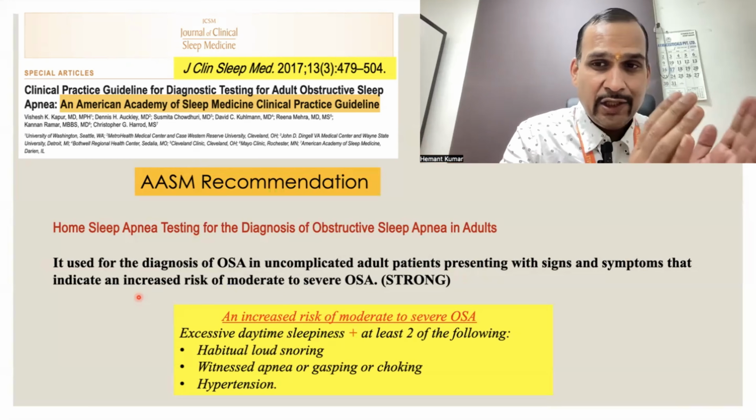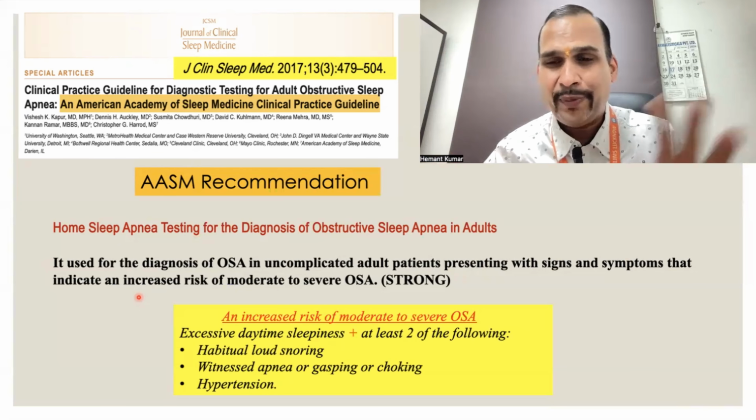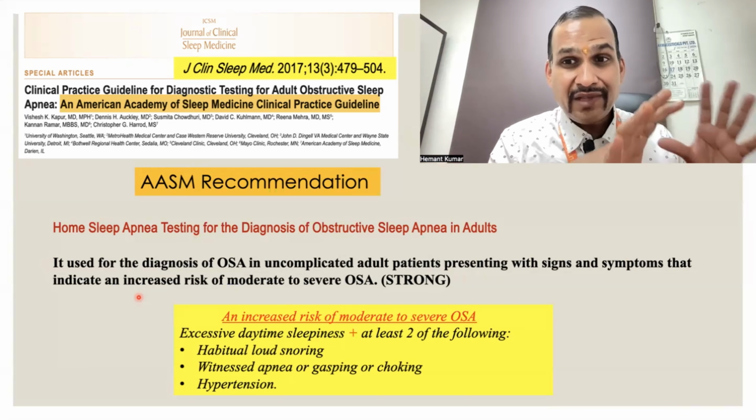So the patient actually had moderate OSA, but this machine is telling either normal or mild, and the patient is not going to get treatment because we don't treat mild or no OSA.